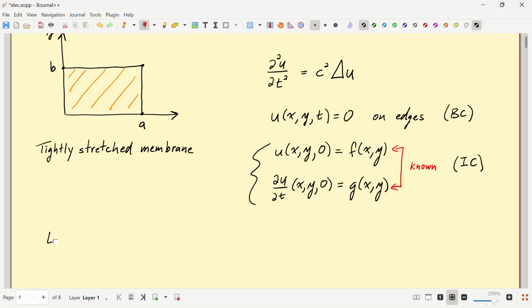Let's try u of x, y, t equals X of x times a function Y of y times a function T of t.